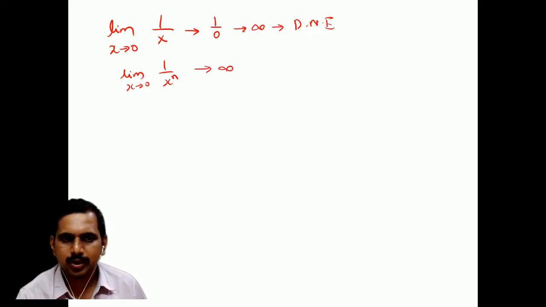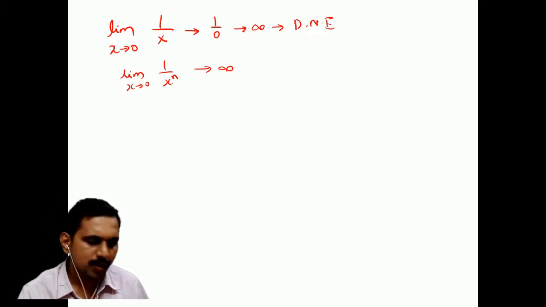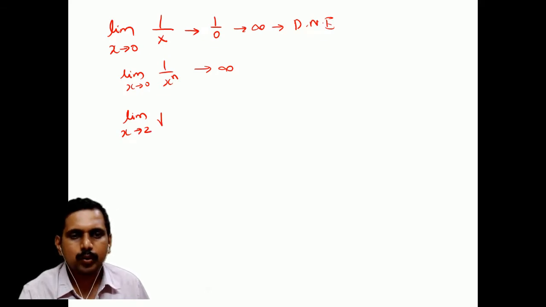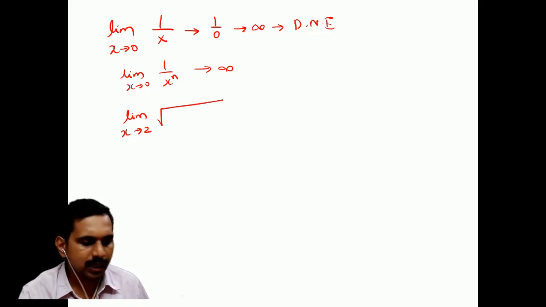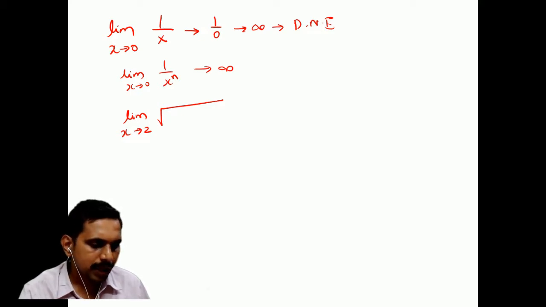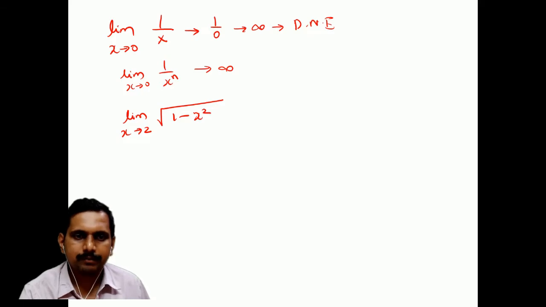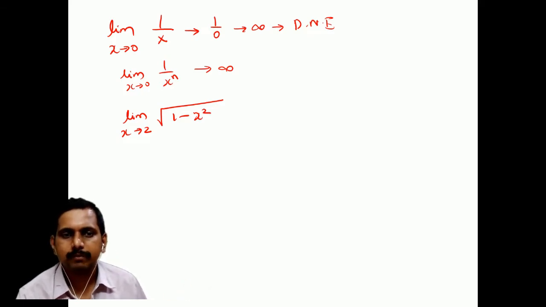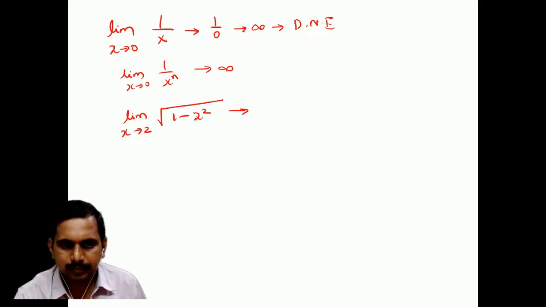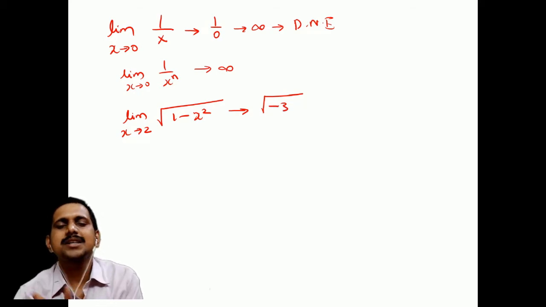Or if you say limit x tending to 2 of square root of 1 minus x square, you substitute 2, 2 square is 4, and you get minus 3, which is a complex value.